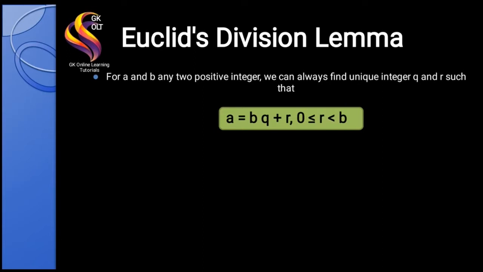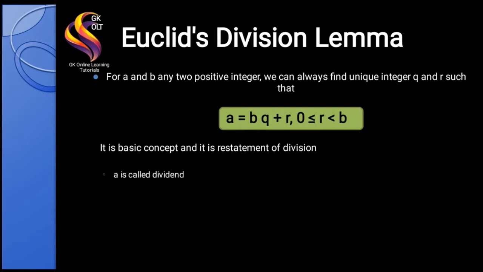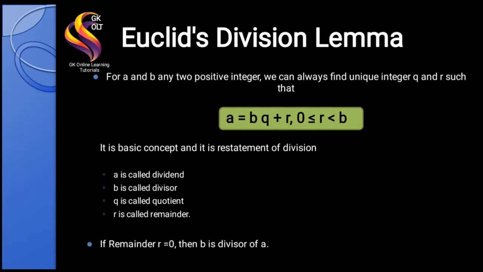That is, the remainder r can be either 0 or it should be less than b, where a is called the dividend, b is called the divisor, q is called the quotient, and r is called the remainder. If the remainder r equals 0, then b is a divisor of a.